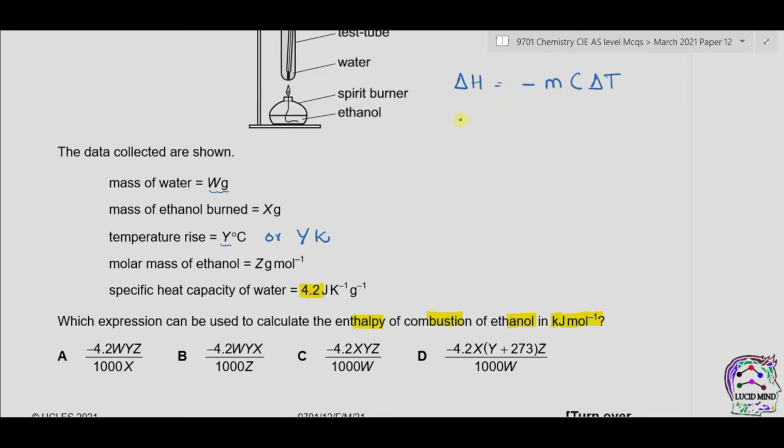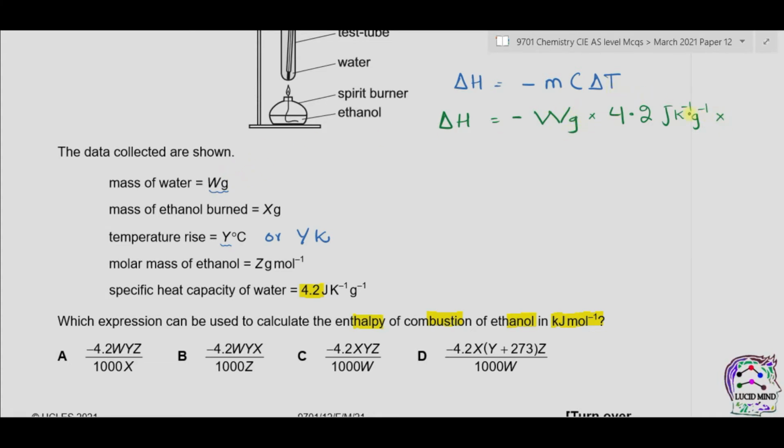Putting values in this equation, enthalpy change of combustion will be minus m. Instead of m we are going to write W. Instead of C we are going to write 4.2 joules per Kelvin per gram. W was given in grams.